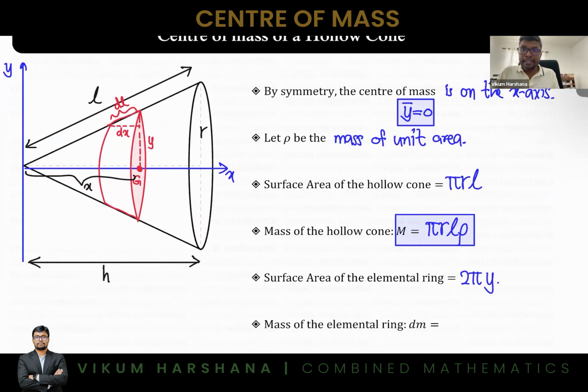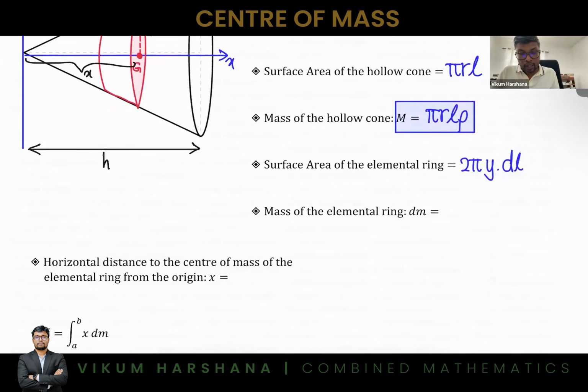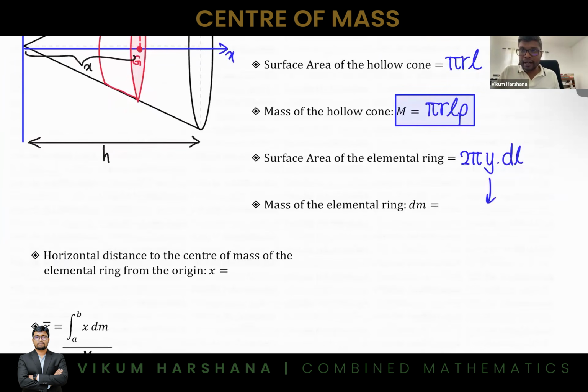Now, instead of taking dx, now we have to take dl. Now we have to convert all the y into x's and the dl into x's too, because our variable is x. So we have to define y and dl in terms of x. Let's jump into that now.